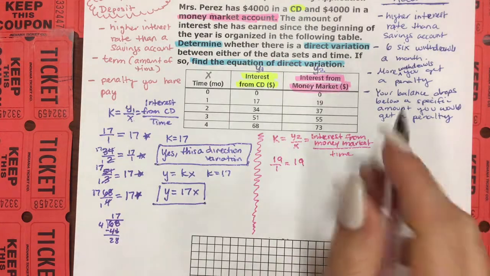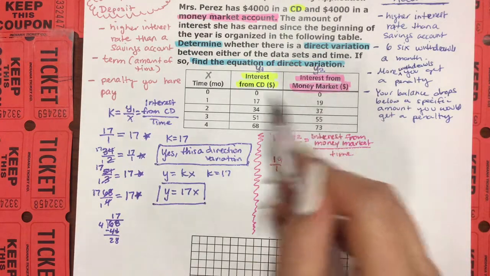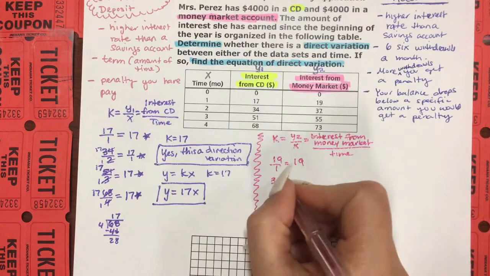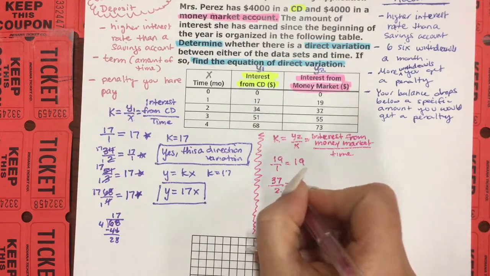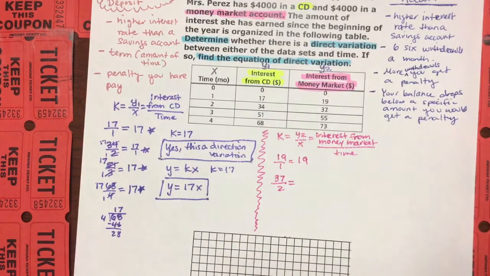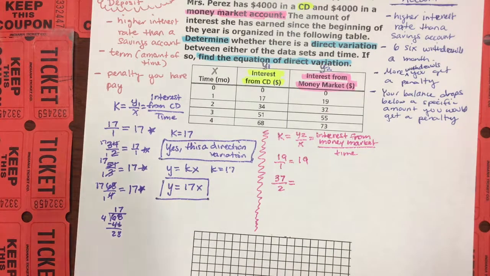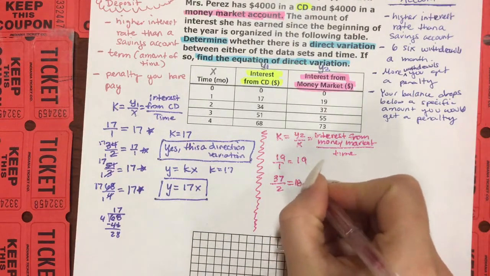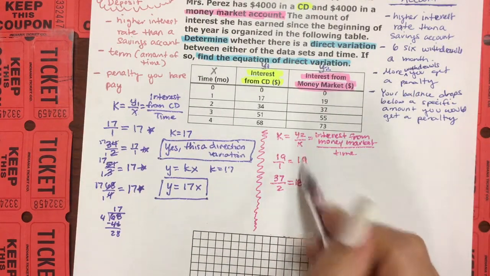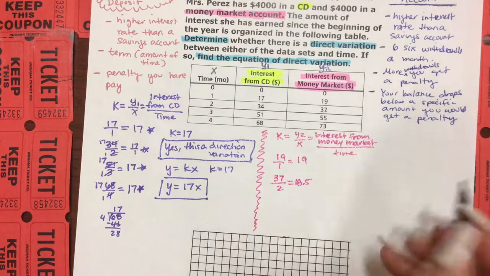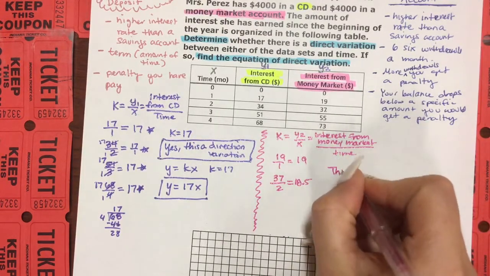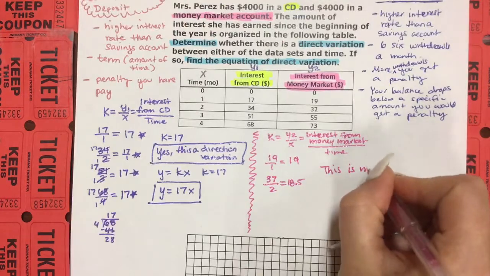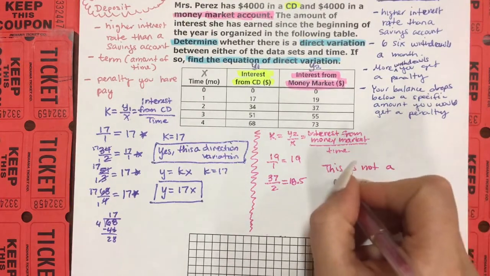Then we're going to do the next one, which is 37 over 2. 37 divided by 2 actually ends up being 18.5. Now those are not the same. What that means is this is not a direct variation.